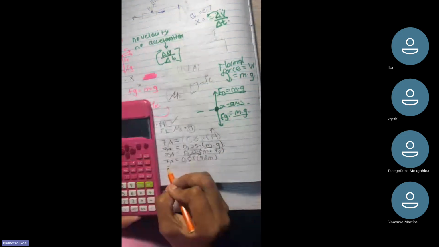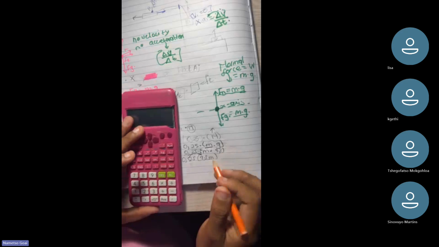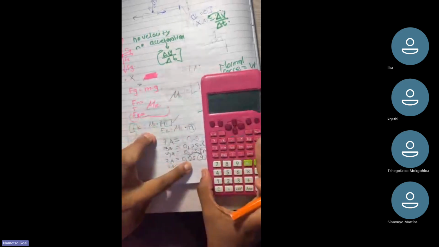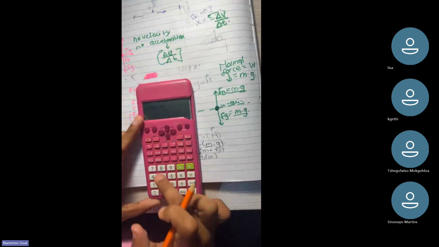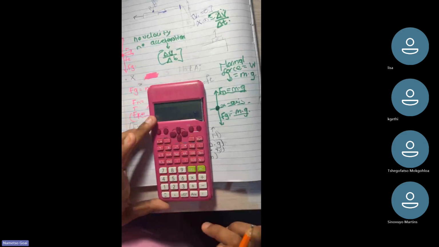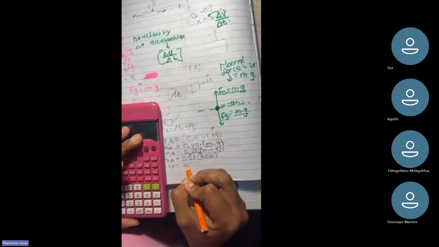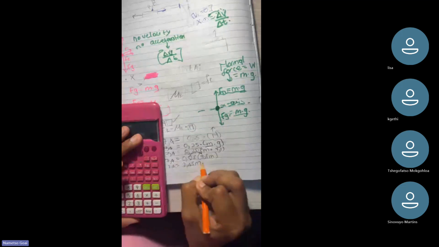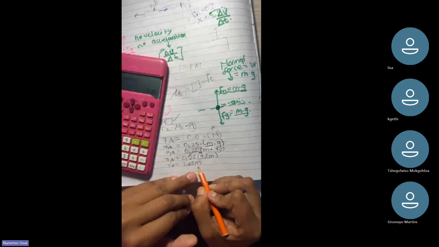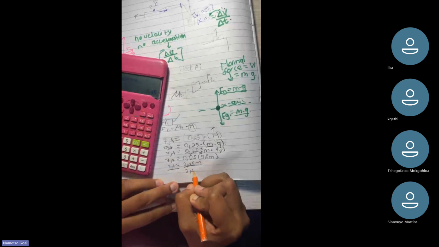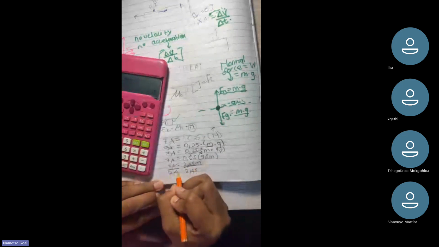So now you're going to have 7,4 equals 0,25 multiplied by 9,8, which gives me 2,45 m. If you're trying to make m the subject of the formula, we divide both sides by 2,45.